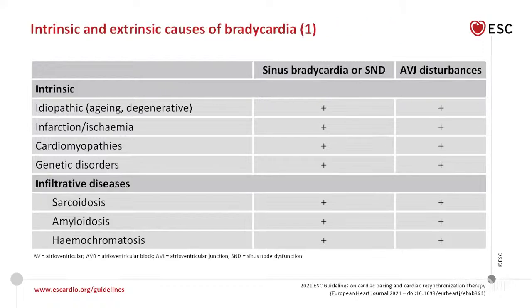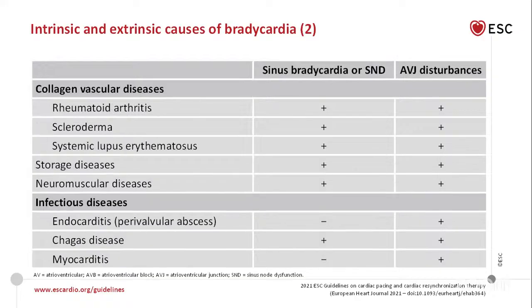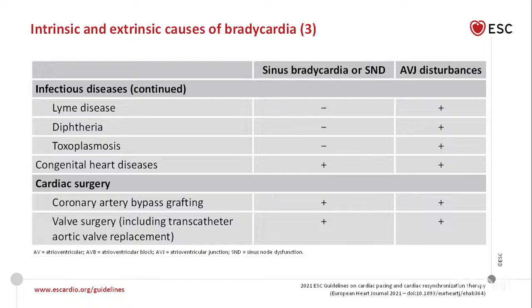Then the intrinsic causes, like I said, family history will help here. Take a history of any genetic disease, cardiomyopathy, any history or symptoms suggestive of ischemic heart disease and infiltrative heart disease. All these you must look into, because you actually will not know until you ask this patient.